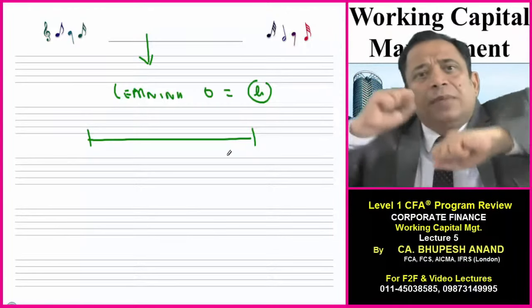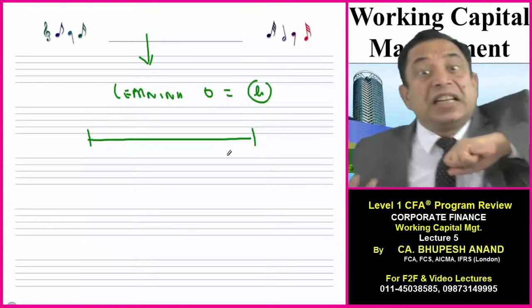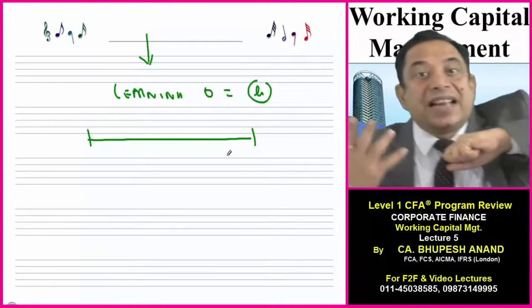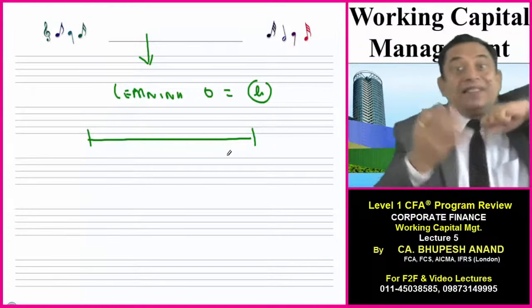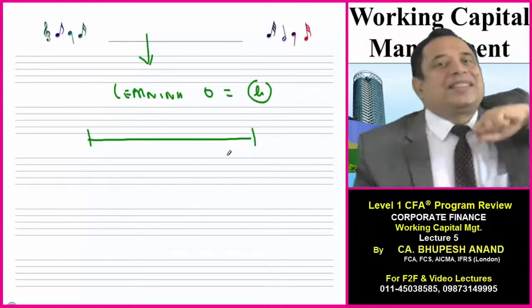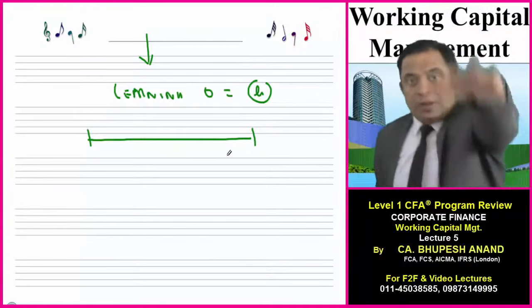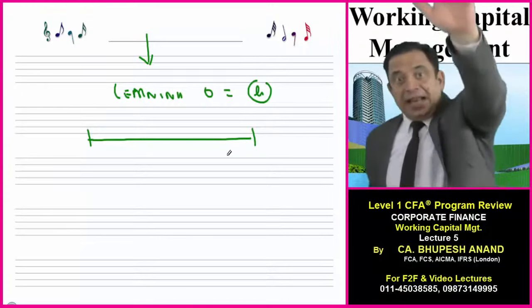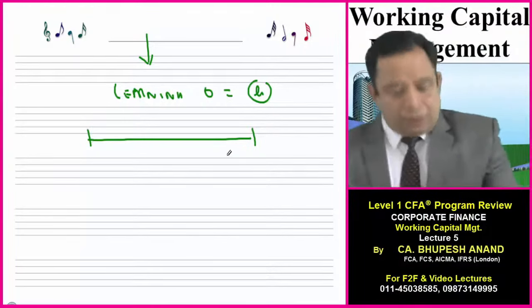In learning outcome number B, we have to discuss 2 or 3 more concepts: creditors turnover ratio, operating cycle, and with the help of that, net operating cycle. Now what do I mean by creditors turnover ratio?